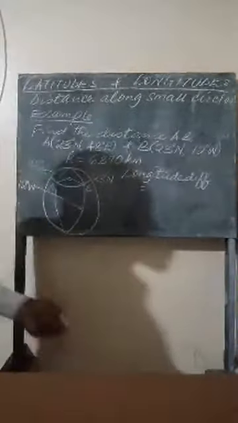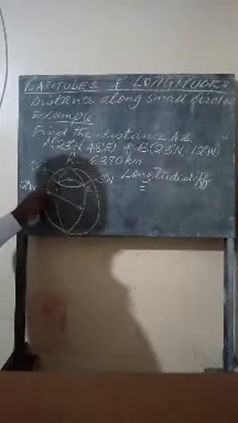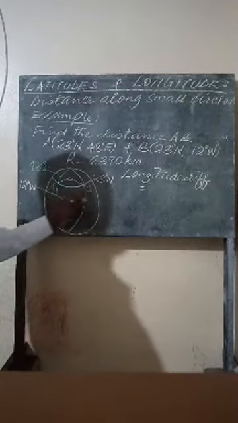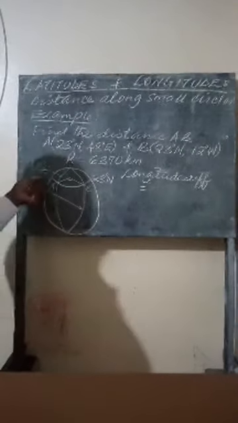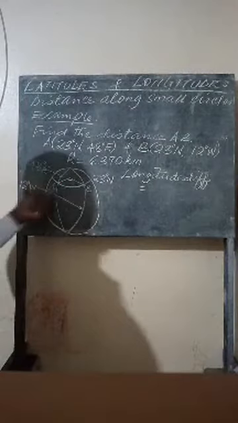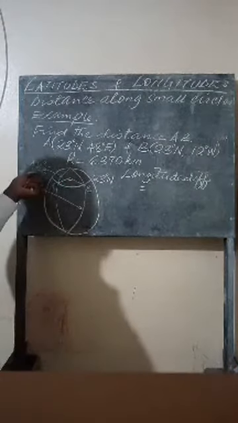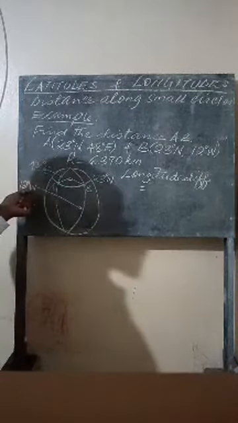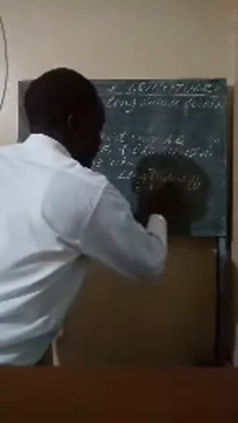You remember in our previous discussion, if points are on opposite sides, we add the angle. This is to the east, this is to the west. So for us to know this angle, we just add 48 degrees plus 12 degrees, and that will give us 60 degrees at the center.